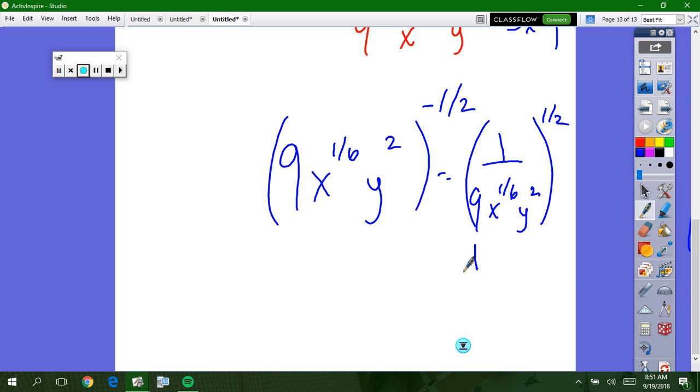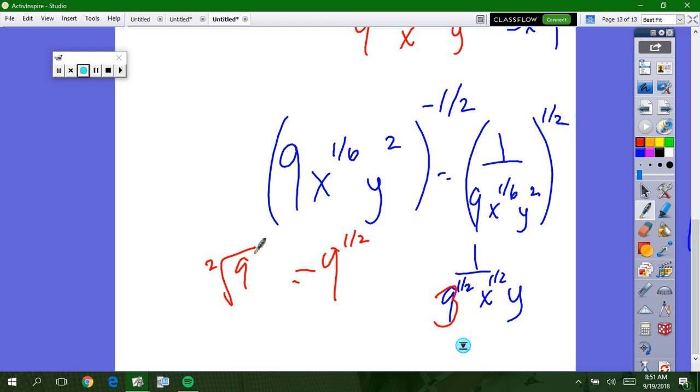Then I have 1 over 9 to the half, x to the 12th, and y, and I just say that once again is 3. Right? Yes, ma'am. Because once again, this was 9 to the 1/2. So if we go back from exponential to radical, remember that is the square root of 9 to the 1st, which is just 9.